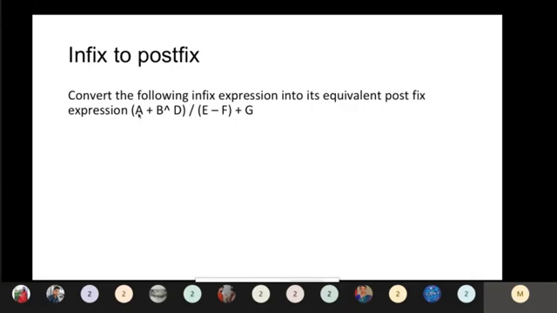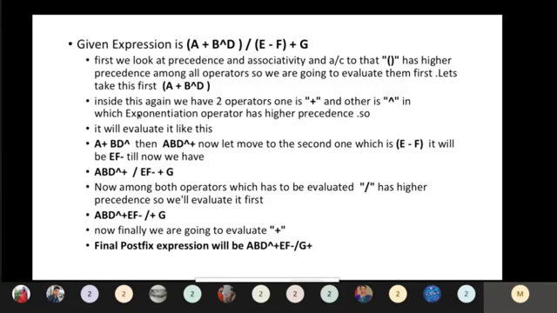Now what is the first step? With the help of this, we can solve. We have an opening parenthesis. This is the expression, and we start the reading process from the left-most. The first character is an opening parenthesis, so we push it on to the stack.